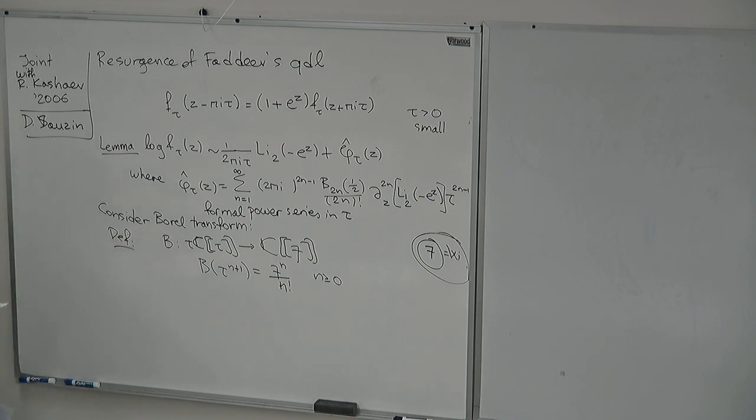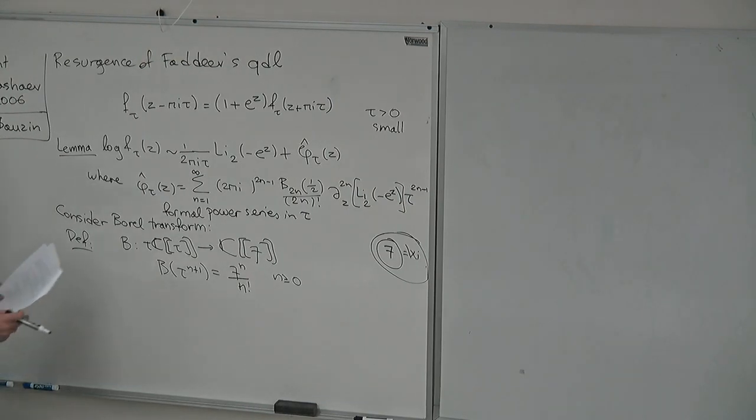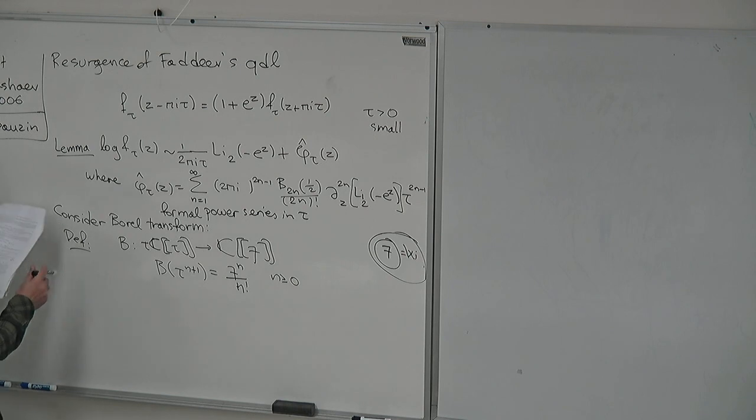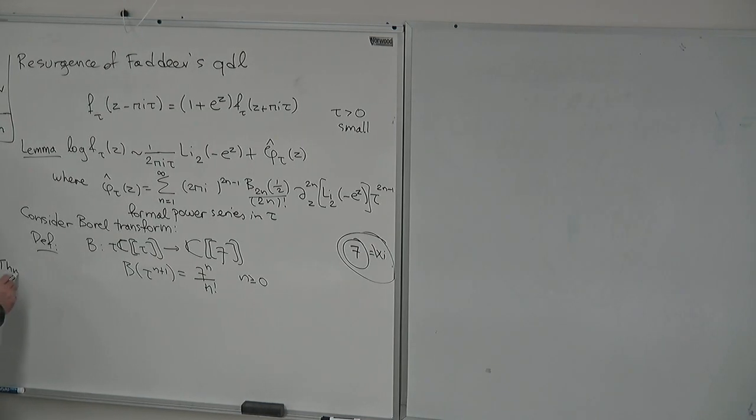In the lemma, under the assumption that f_tau of z goes to... Okay. So our theorem is the following.